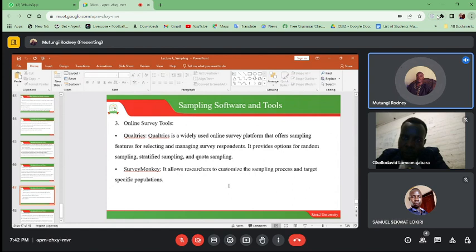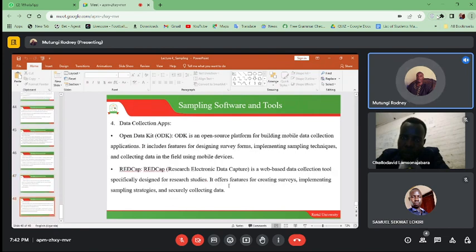We have SurveyMonkey, which is very common nowadays to do those online surveys. And then the data collection tools, which include REDCap, we have Open Data Kit or ODK, we have KoBo Collect, and very many others. So these generally help us to collect data, to come up with samples, to clean the data, to analyze it.